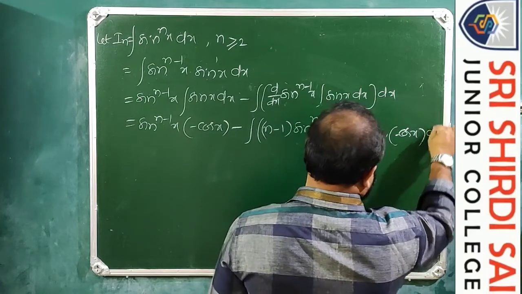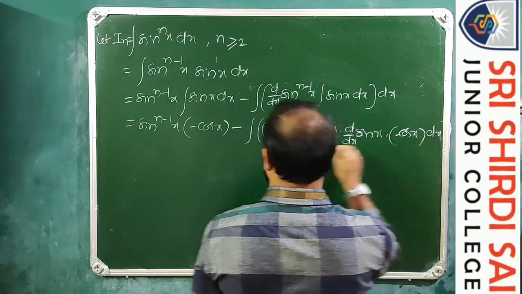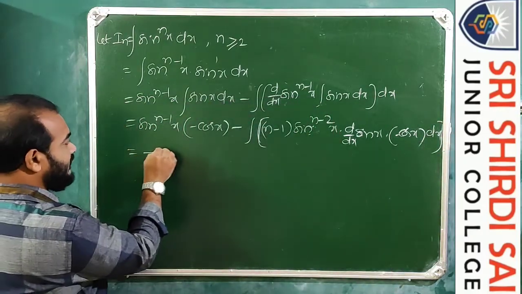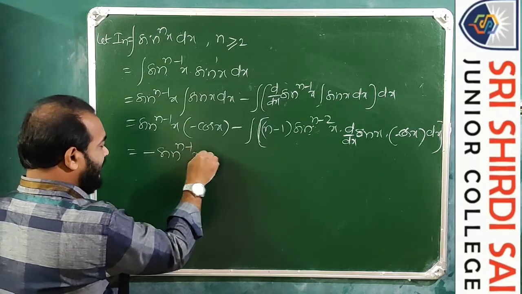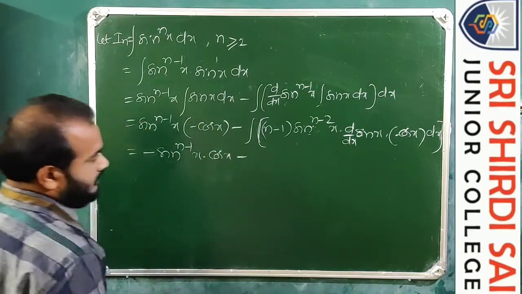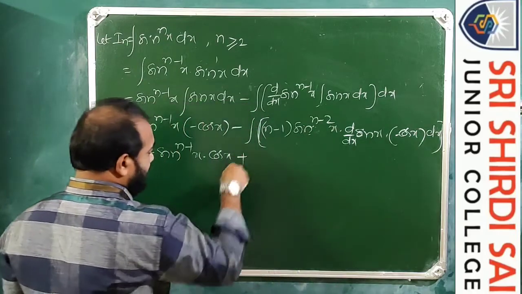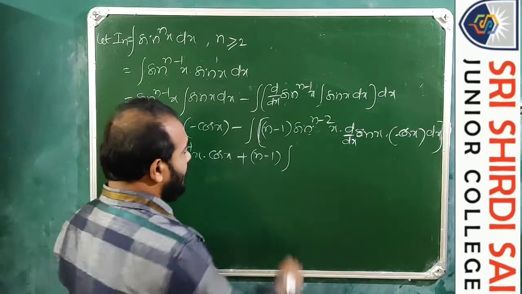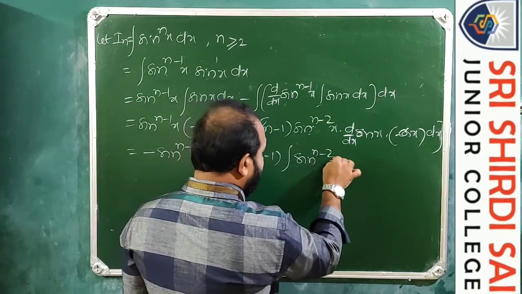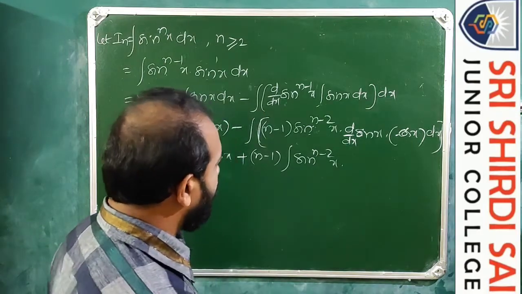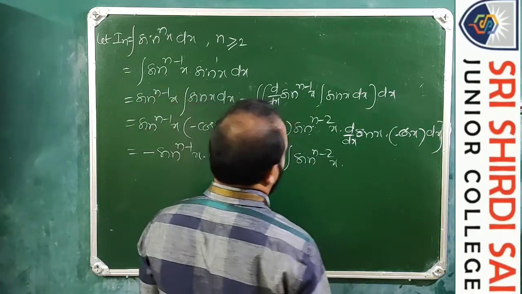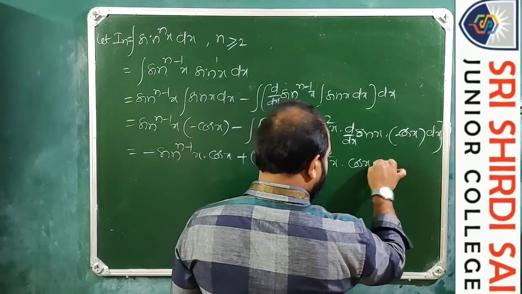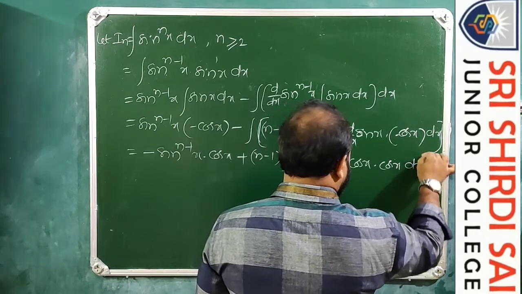This is equal to minus sin^(n-1)x cos x, minus into minus plus this (n-1). Since it is a constant, let us separate it from the process of integration. So this is sin^(n-2)x into d/dx of sin x, which is cos x, into cos x dx.